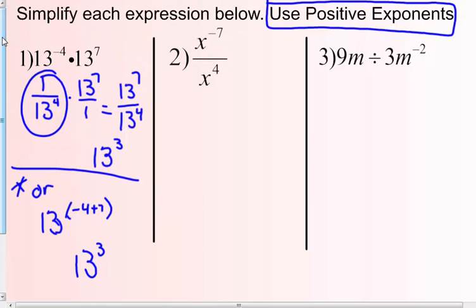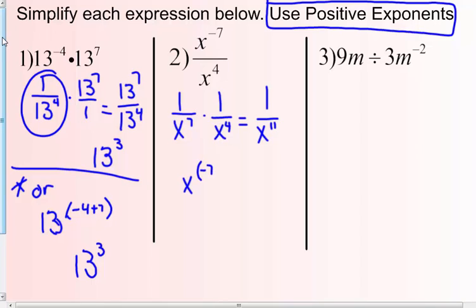However, you could, again, like in number 2 here, you could say, oh, okay, make this into the multiplicative inverse that it is. And it would be 1 over x to the 7th times 1 over x to the 4th, right? This is in the denominator. Leave it down there. Well, that's 1 over x to the 11th. The other way that I could do this is I could say, okay, keep the base, subtract the exponents. Ooh, be careful.